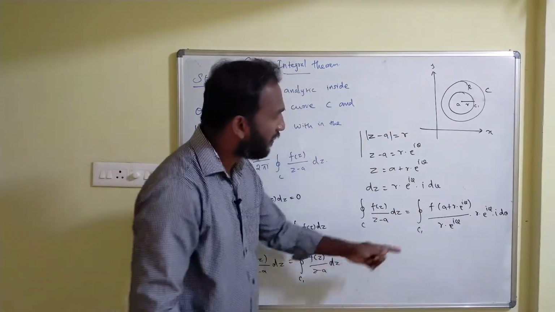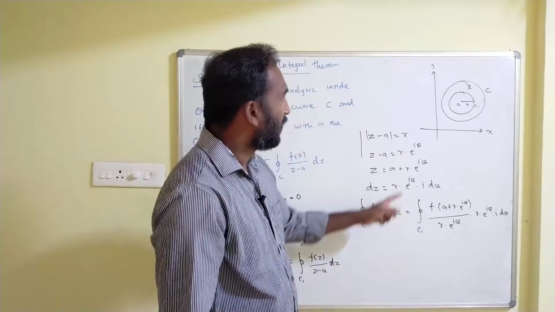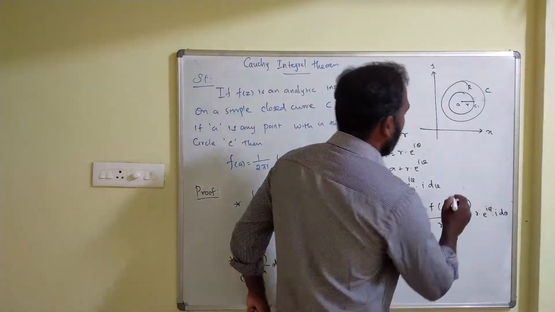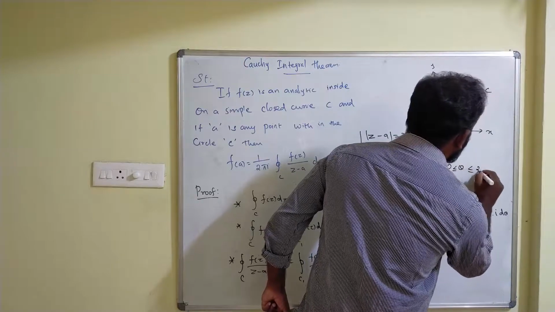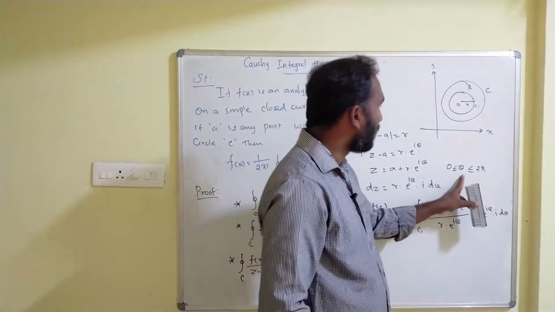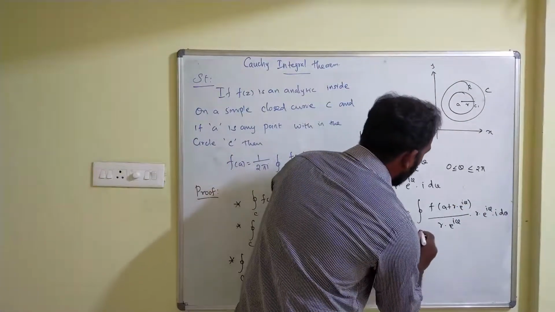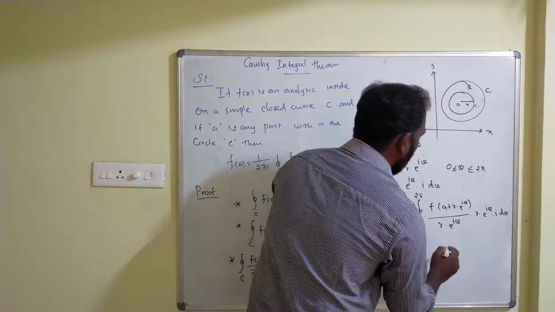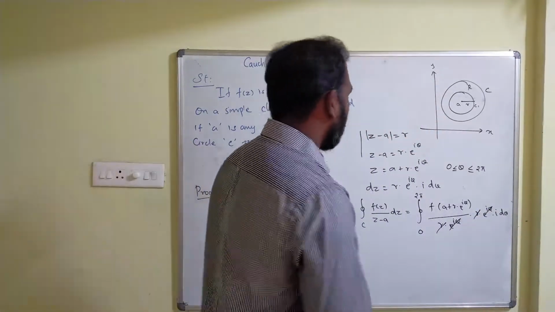Now we need to find the limit of this integration. This is a circle, therefore theta varies from 0 to 2 pi, because a circle starts from 0 and ends with 360 degrees. I can replace the limit directly, that is 0 to 2 pi, and any common term just cancels, so this value r will get cancelled.